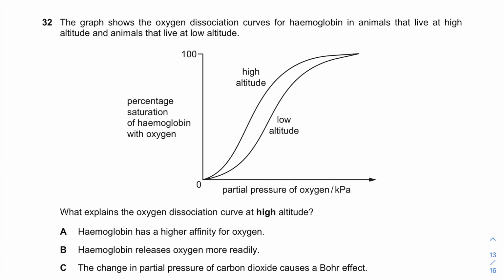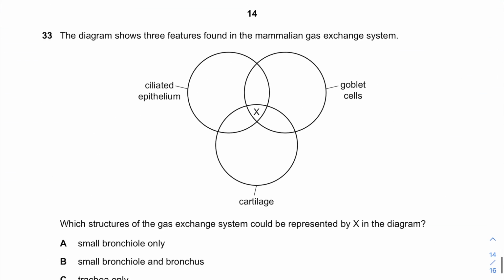So what explains the oxygen dissociation curve at high altitude? At high altitude, the hemoglobin will adapt to have higher affinity. That means it binds more easily to oxygen. So it helps people living in that altitude to adapt and continue to live without any problem.